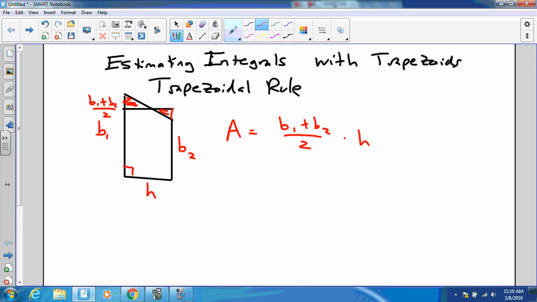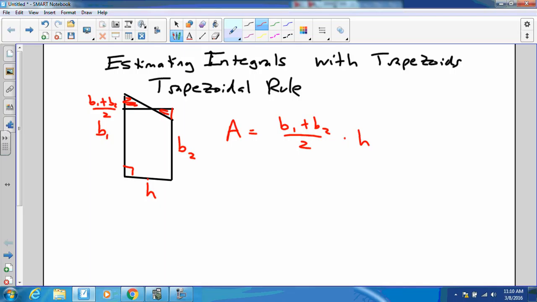Is that geometrically equal to using the midpoint? No, it is not. The midpoint rule that we have is one where we take midpoints of the x's right here and find their corresponding heights.